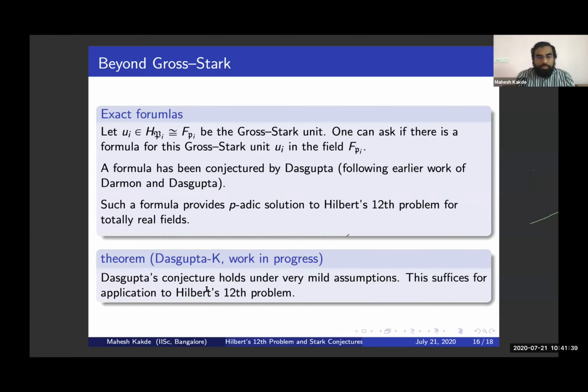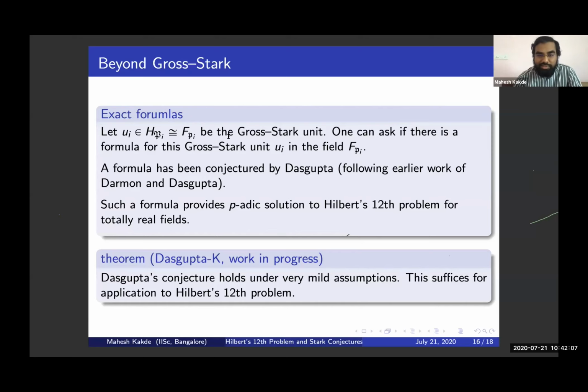So what's beyond Gross-Stark? If I actually want the unit, what else can I say? So this u is in the p-adic completion of H, but because P splits completely, this p-adic completion of H is the same as the p-adic completion of F. And I used to call it Gross-Stark unit, but recently I changed to calling it Brumer-Stark unit.